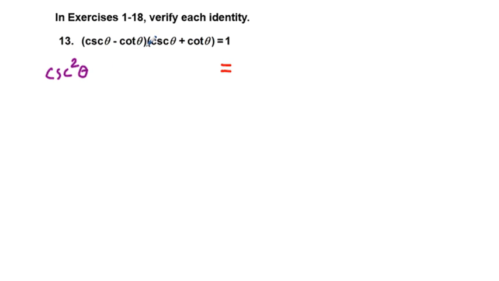And then we're going to have negative cotangent theta cosecant theta. And then we're going to have this cotangent theta here times cosecant theta here. We're going to have plus cotangent theta cosecant theta. And then finally, minus cotangent squared theta.